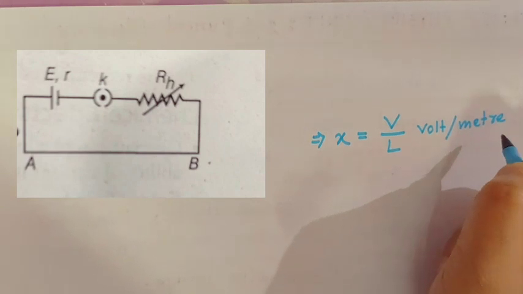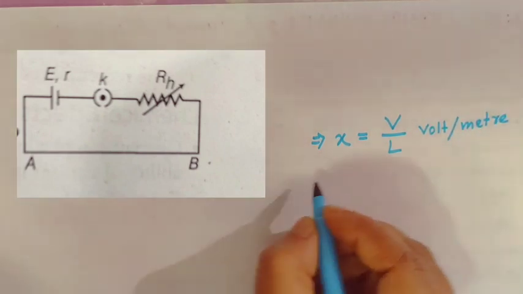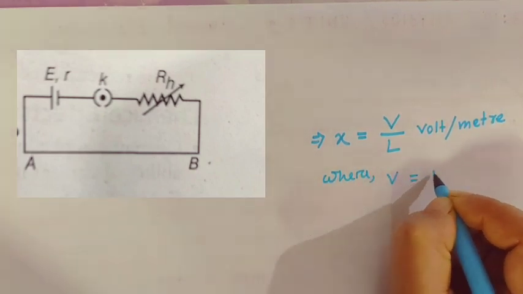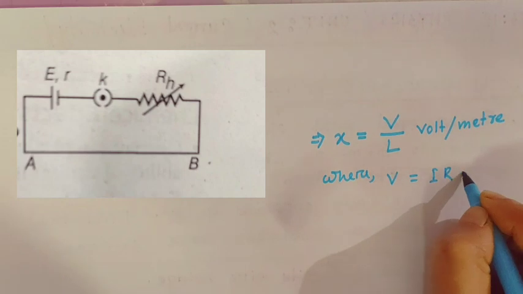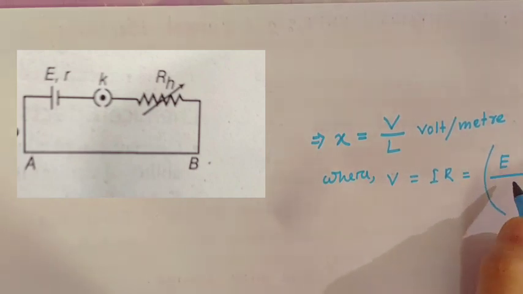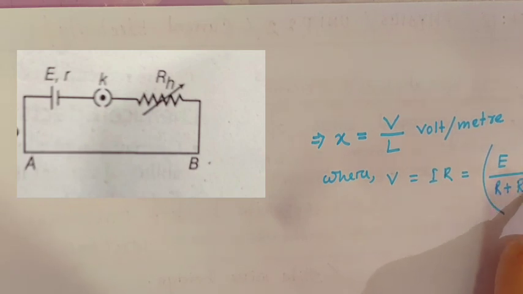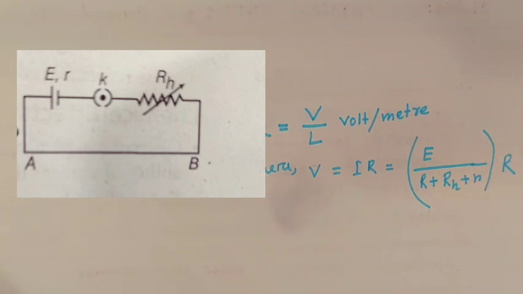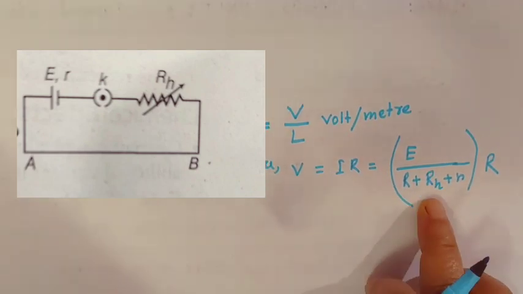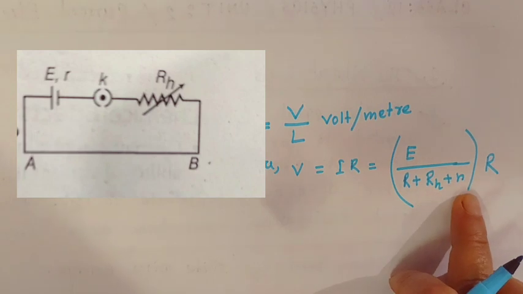So the unit is volt per meter, where V = IR = E/(R + RH + r) × R. What R, RH and small r are, you already know.